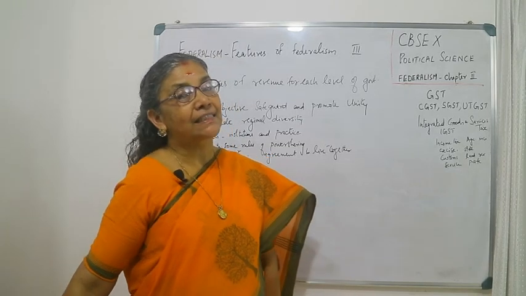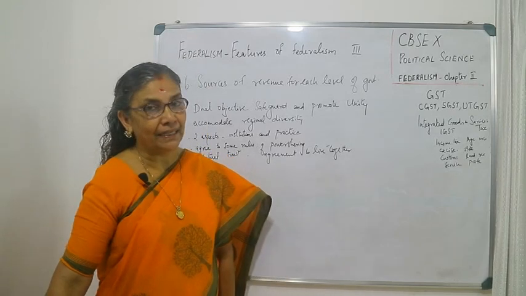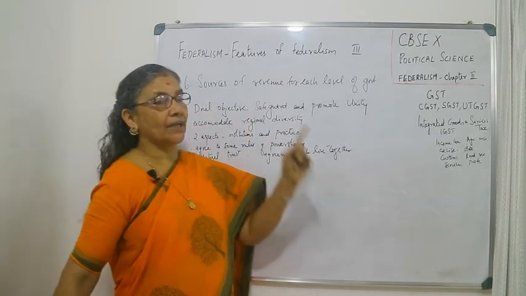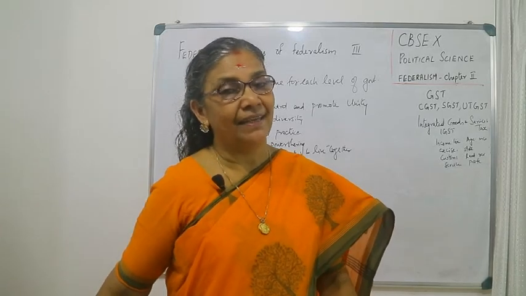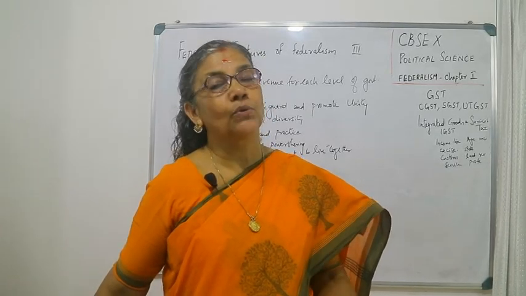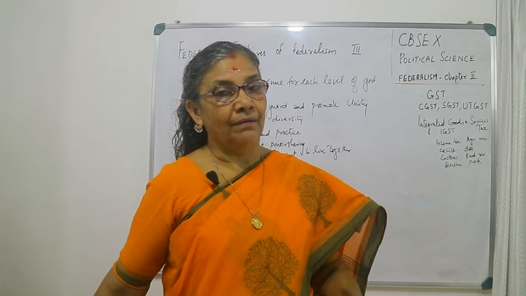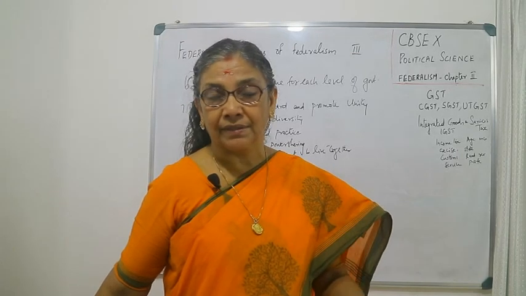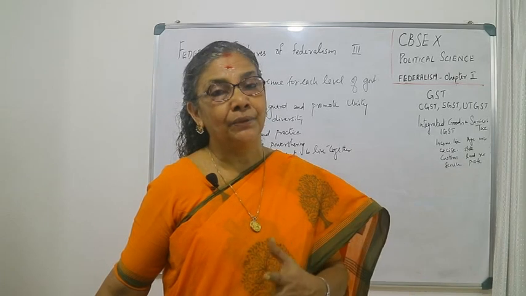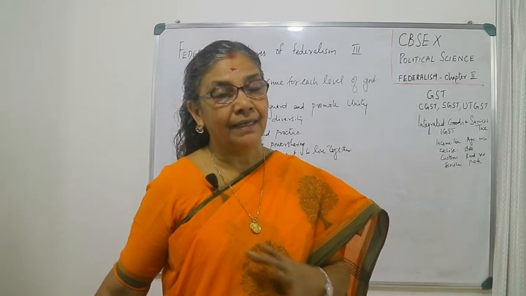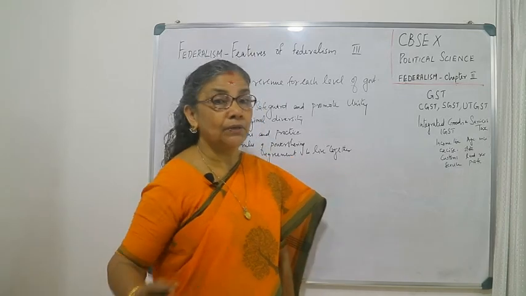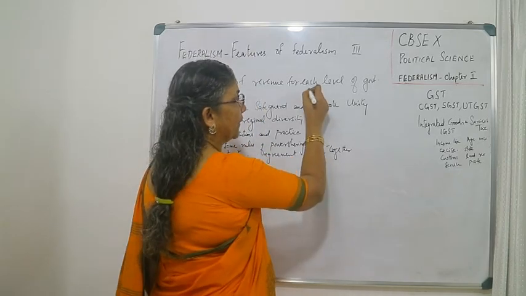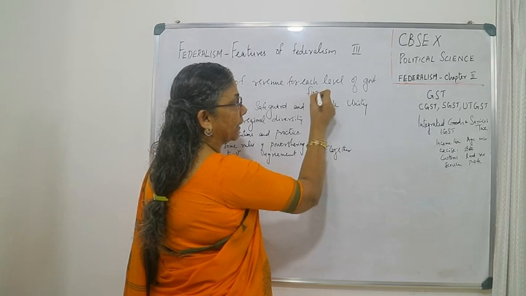Our sixth feature of federalism is that the sources of revenue for each level of government are mentioned in the constitution. What are the sources of revenue? What revenue goes to the central government, what are the revenues of state governments, it is correctly mentioned in our constitution to ensure financial autonomy.